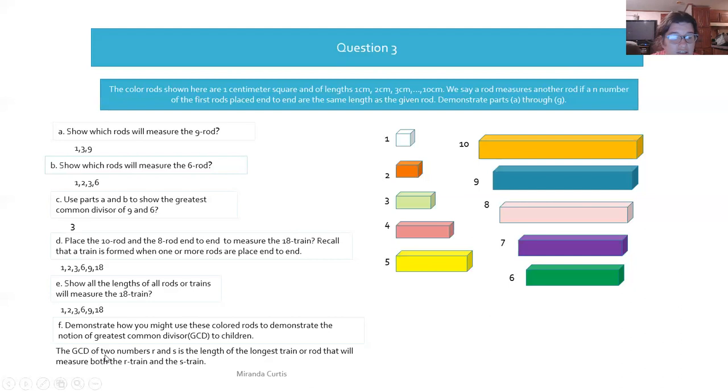The GCD of two numbers R and S is the length of the longest train or rod that will measure both the R train and the S train. So you just have to put them together and simplify it out. It's not that hard, trust me. Once you realize how to do your LCM, your least common denominator, you're good to go. Okay, now we're going to go to question 4.